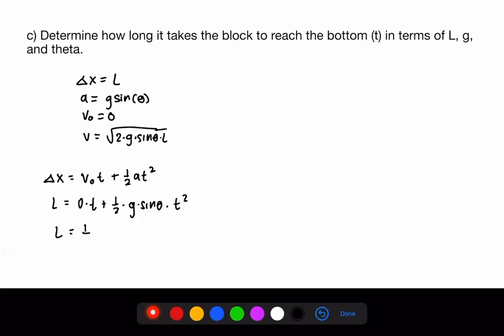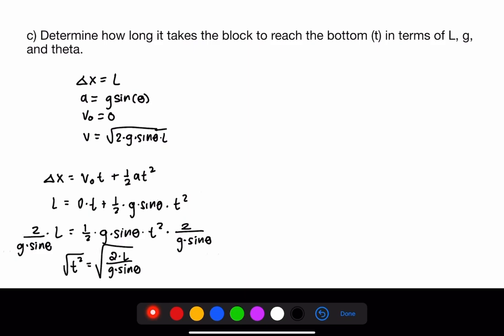L simply equals 1/2 times g times the sine of theta times t squared. And we're going to multiply 2 over g times sine theta on both sides. We're going to get that t squared equals 2 times L over g times sine theta. Take the square root, and we get that t equals the square root of 2 times L over g times sine theta. So that's one way to arrive at this answer.